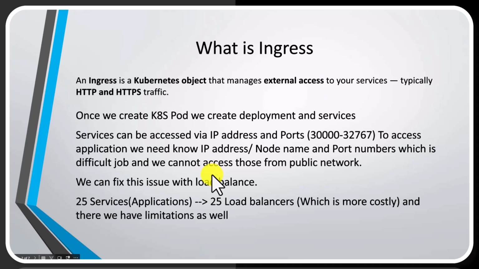To understand the Ingress definition, it's a Kubernetes object. The Ingress is also a Kubernetes object that manages the external access to your services. Once you create a Kubernetes service, you cannot access it with the domain name.